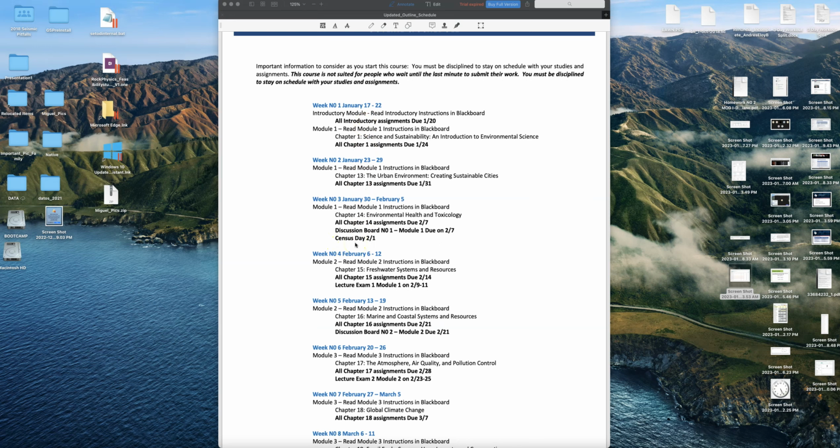So what I'm going to take into account is what is due on Tuesday. On Tuesday is going to be due already the assignment for chapter number 1 that was due last week, okay, and the assignments for chapter 13 that will be due this coming Tuesday. So I'm going to take into account your performance on those assignments just to submit the information of the census day that is going to be the first day of February.